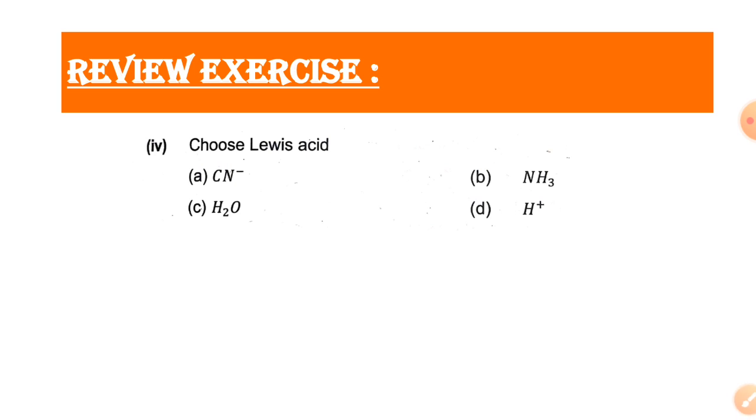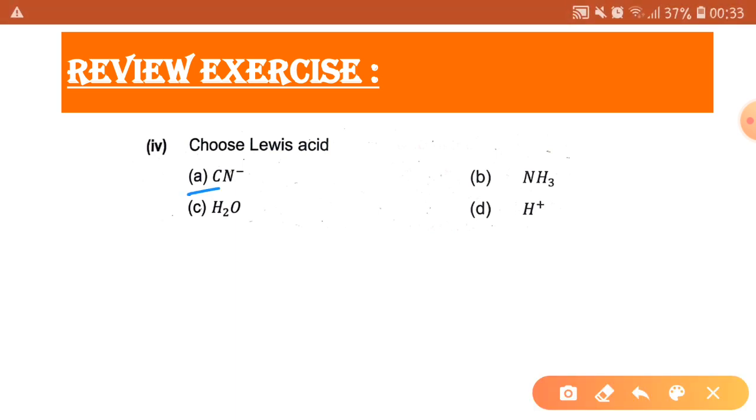Now, moving towards another multiple choice question. This question says to choose the Lewis acid among the following. In the first example, we have CN negative, and its structure may be represented as follows.